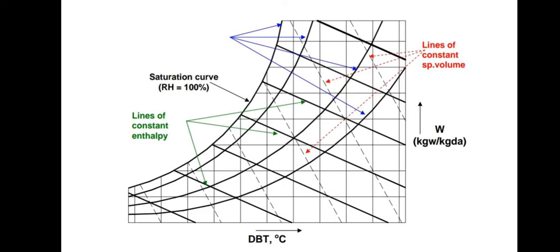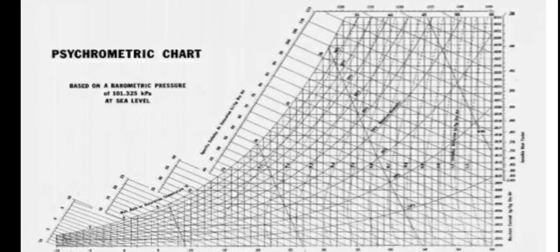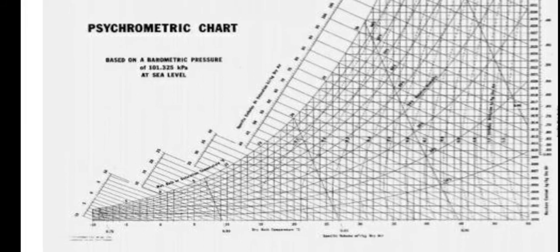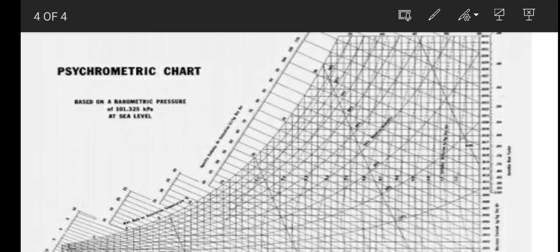Now we'll see the actual psychrometric chart. These scales indicate the enthalpy scale. Here the horizontal lines indicate the specific humidity scale.